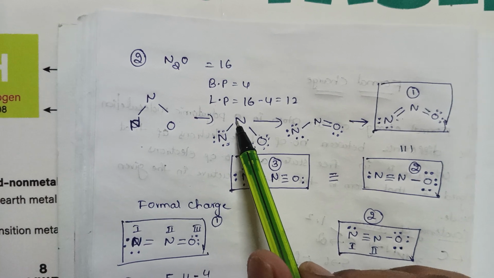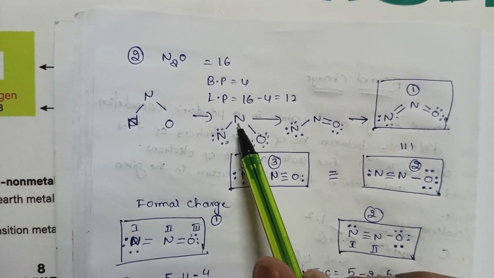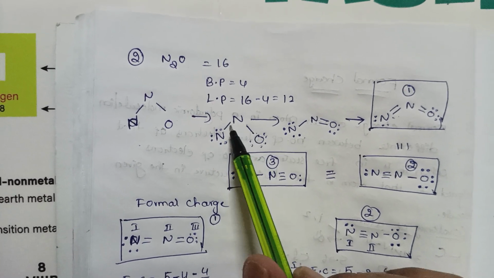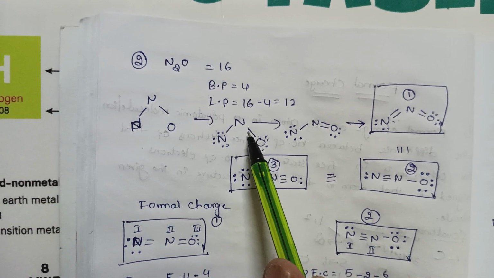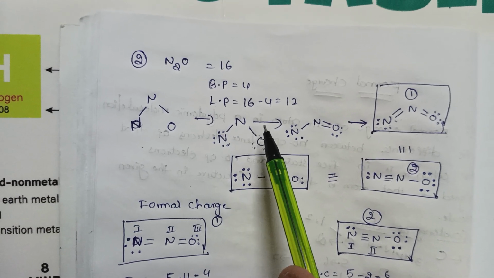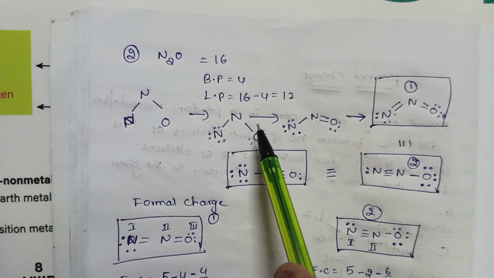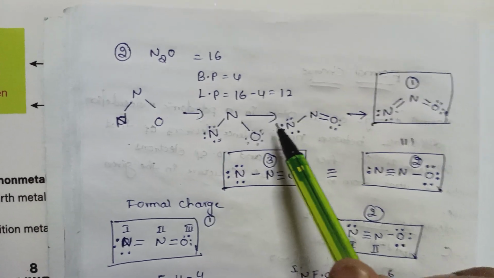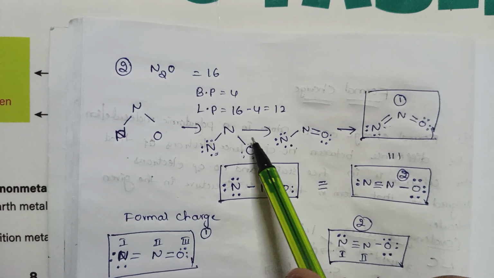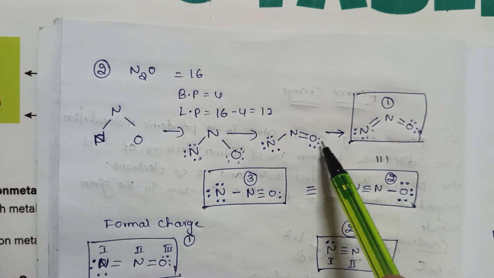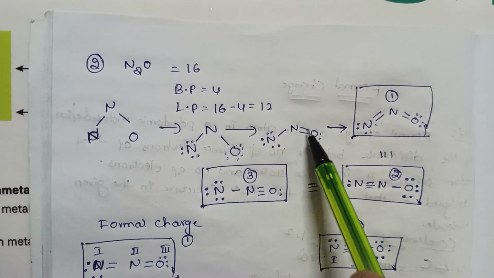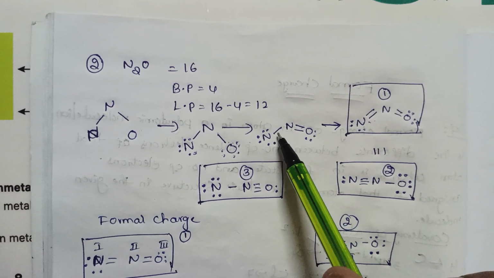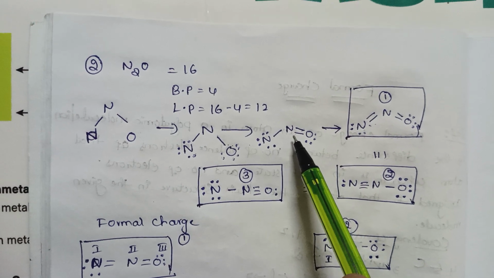Coming to the second nitrogen atom, how many electrons? 1, 2, 3, 4. It has 4 electrons, which means it is four electrons short of the octet. If we write 2 electrons as a bond, how many electrons are present? 1, 2, 3, 4, 5, 6. Still it wants 2 electrons to complete the octet.